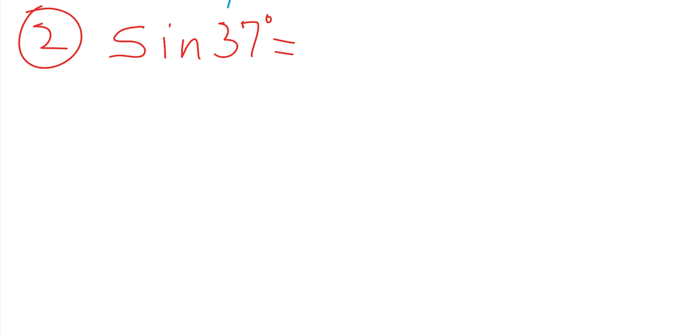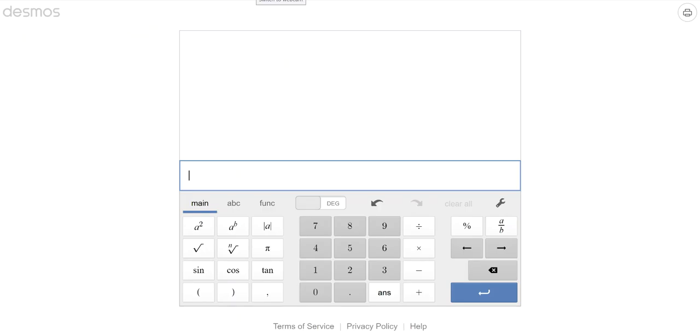So here we go. Let's look at this little calculator right here. We want sine of 37 degrees. This is the Desmos scientific calculator. I don't know if you can see it up here, but we've got desmos.com/scientific.